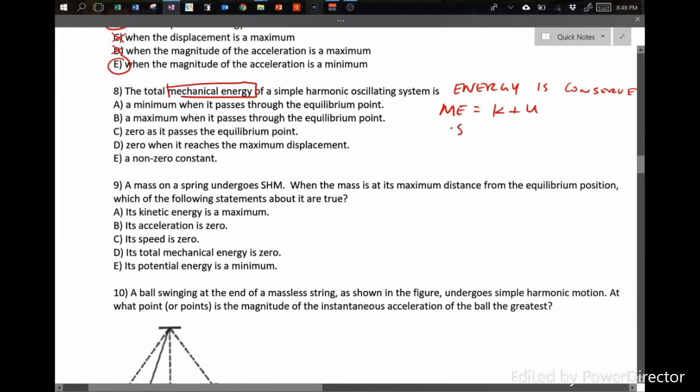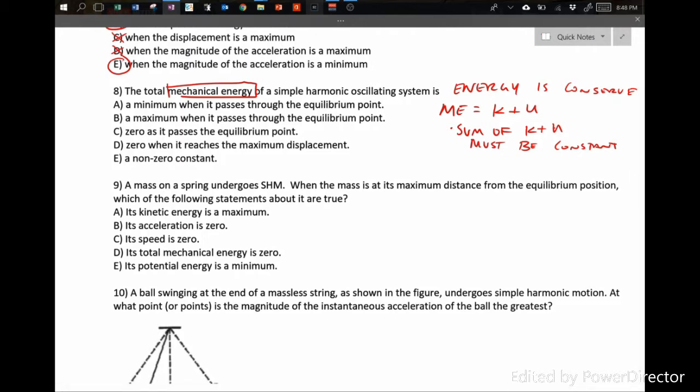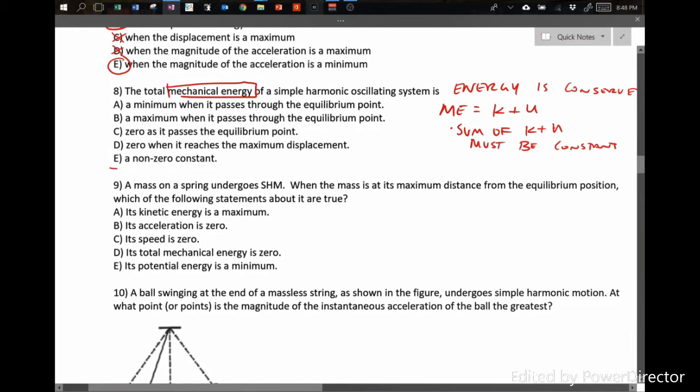So that tells me that the sum of kinetic and potential energy must be constant if mechanical energy is conserved. So the total mechanical energy should be a non-zero constant. It should never, ever change.